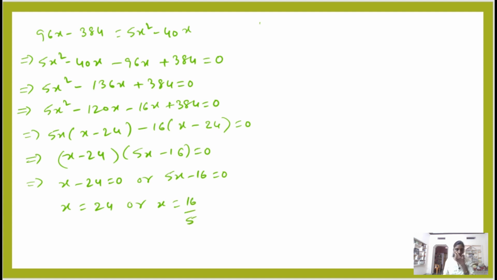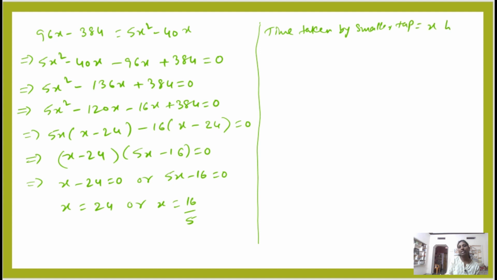Okay. Now we have two values here. But we have to check which is correct, which is not. First we have assumed that time taken by smaller tap is equal to x hours.